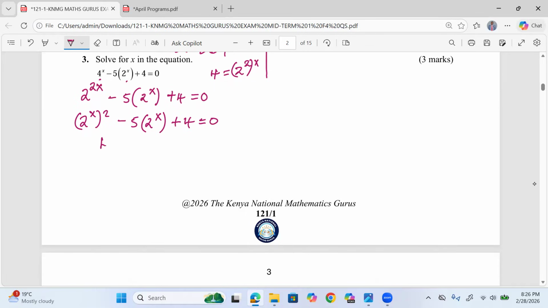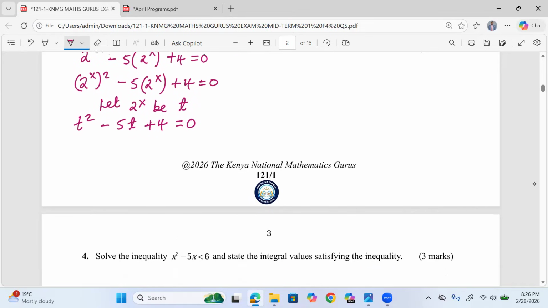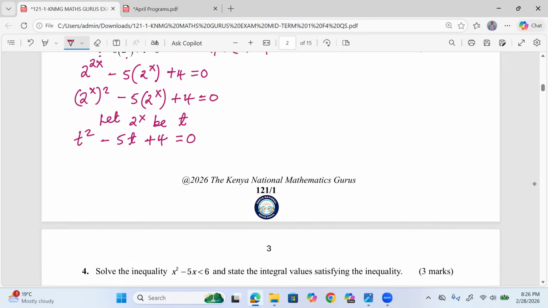So can we let 2 power x be a different unknown? Let's say t. Yeah, let's solve for t, guys. So we will have t squared minus 5t, then plus 4, this is equal to 0. This is a quadratic equation showing up.